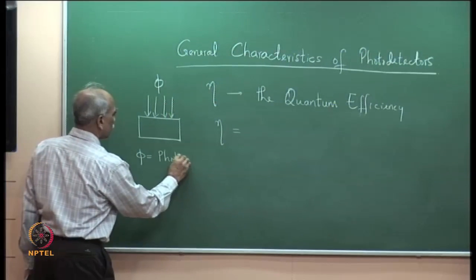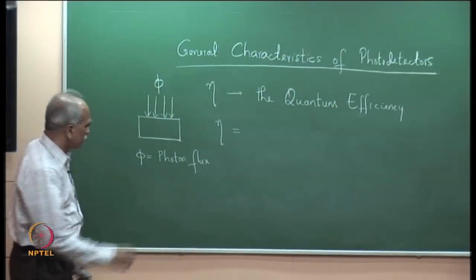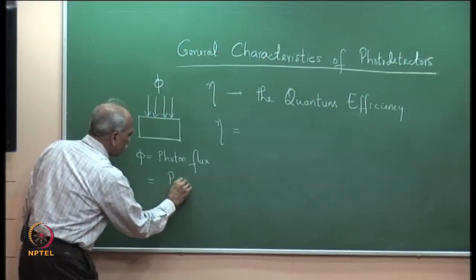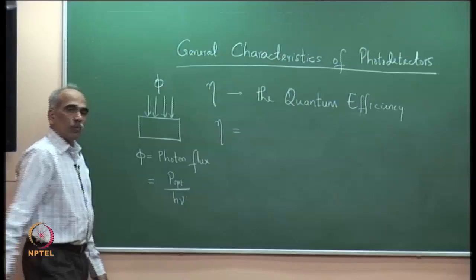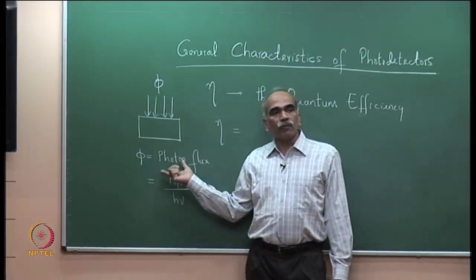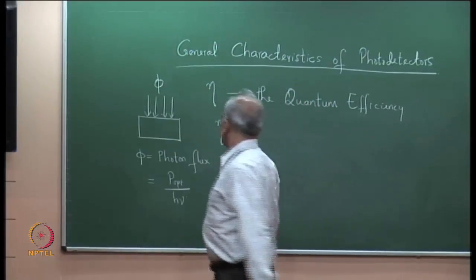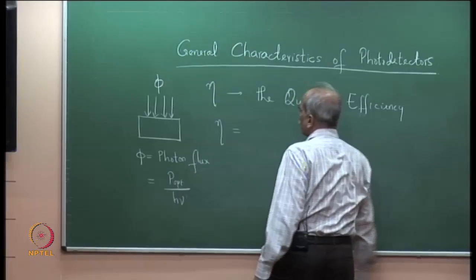Photon flux means if P optical is the power, P optical divided by h nu, the energy of one photon. Photon flux is the number of photons incident per unit time. So, if phi is the photon flux, then P divided by h nu gives you phi.